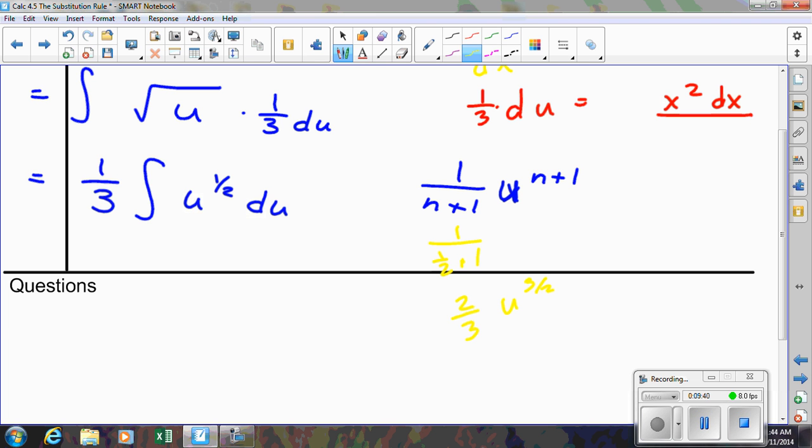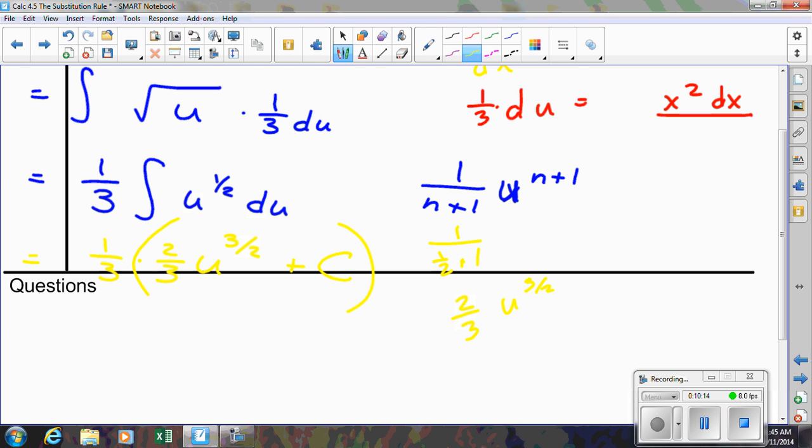So from the work in yellow, we'd get 1/3 times 2/3 u to the 3/2 plus a constant. But one piece that I've been a little bit sloppy with on purpose: when I had factored out the 1/3, officially it should be 1/3 times the whole piece.